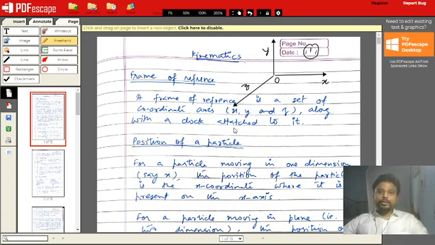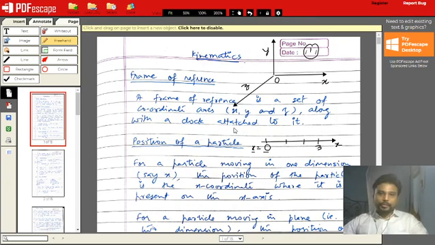For a particle moving in a straight line, let's say the particle is initially at x equal to 0, and it wants to reach x equal to 3 by moving in this straight line only. So this value of x is called the position of the particle.